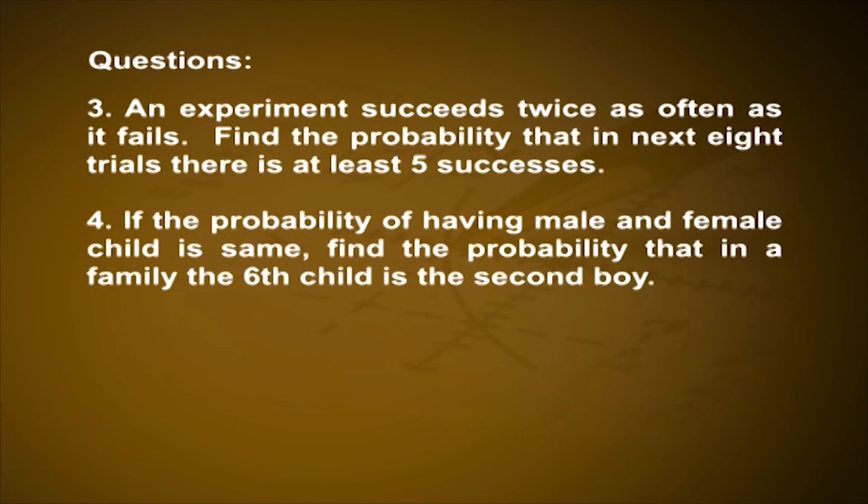An experiment succeeds twice as often as it fails. Find the probability that in the next 8 trials, there are at least 5 successes. 4. If the probability of having a male and female child is the same, find the probability that in a family, the 6th child is the second boy.